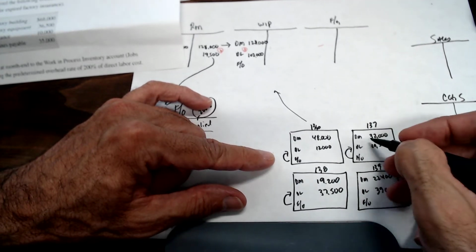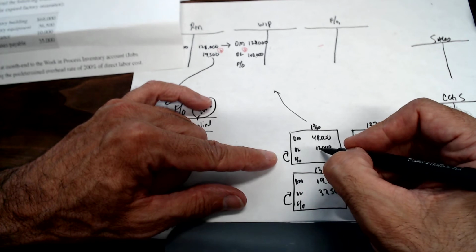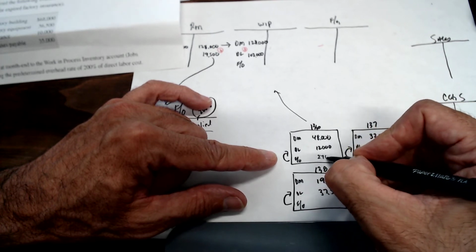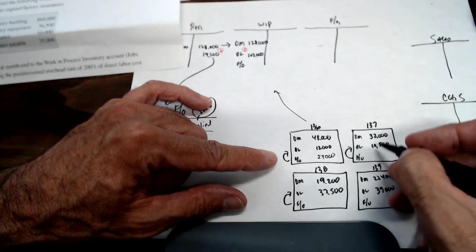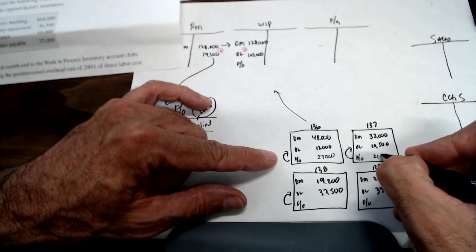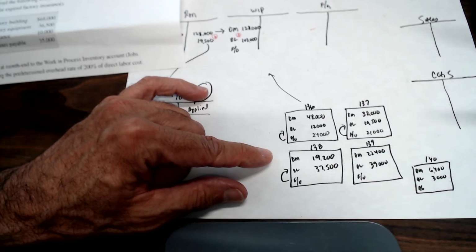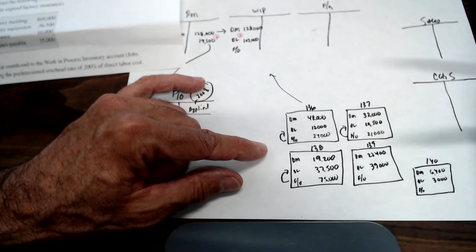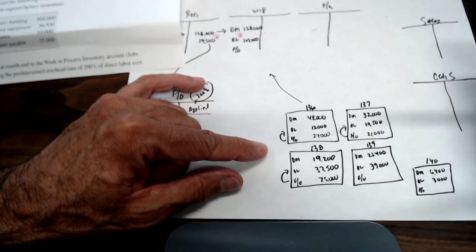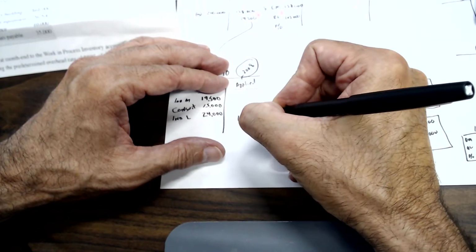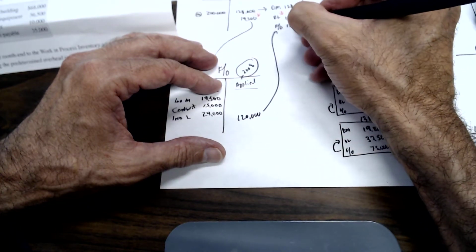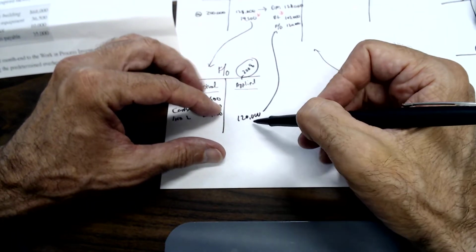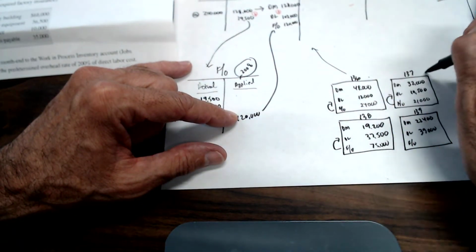Well, 136 had direct labor of 12,000, so it's going to get charged 24,000. 137 had direct labor of 10,500, so it'll get charged 21,000. And then 37,500, it'll get charged 75,000. So just to charge these jobs, the 24,000 plus the 21 plus the 75, I'm going to apply factory overhead to just the first three jobs, because that's all they wanted me to do.